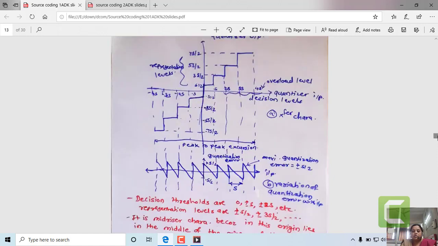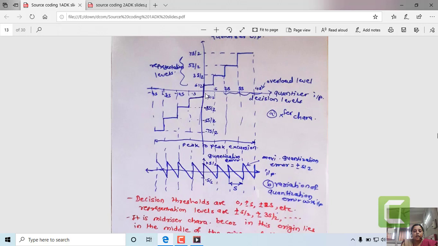Now we will switch to the mid-rise quantizer. The change we have to observe is again at the point of origin for this characteristic plot. In the previous case of the mid-tread quantizer, the level midpoint was coinciding with the origin of the characteristic plot, while in this mid-rise type of quantizer, the rising portion midpoint is going to coincide with the origin.